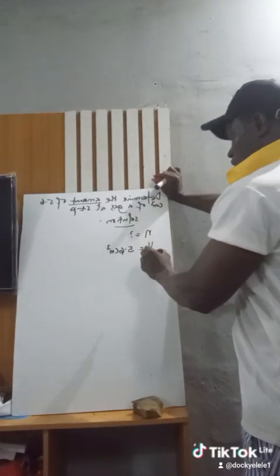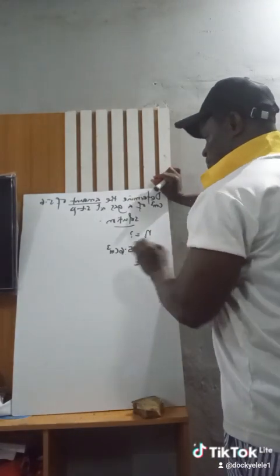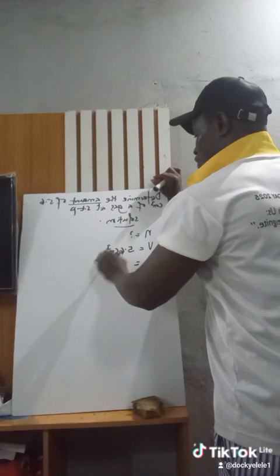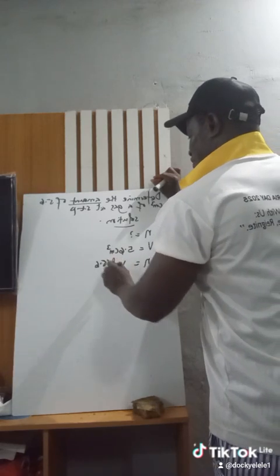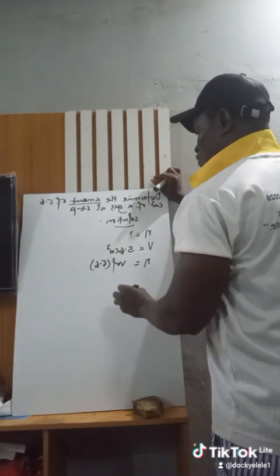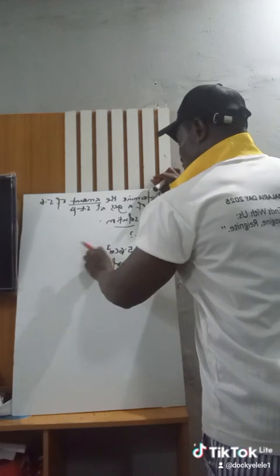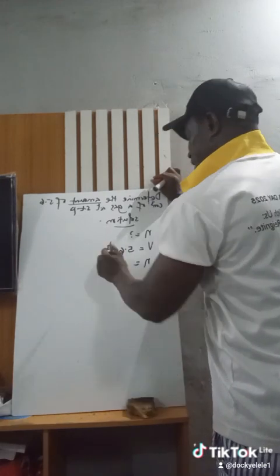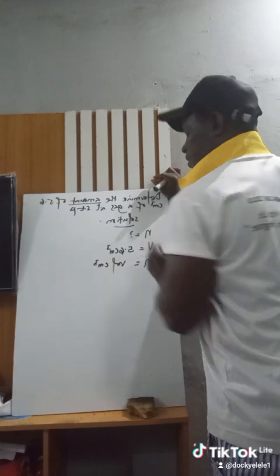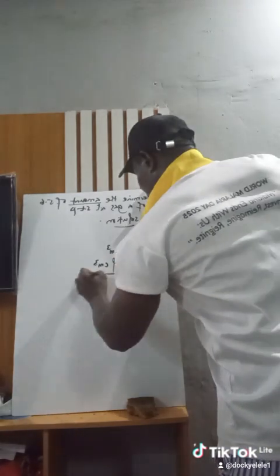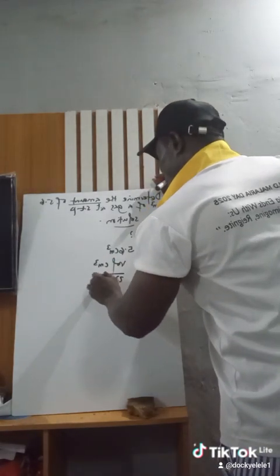So here we go. Number of moles will be volume. Our volume in the question is 5.6 cm cube, so our volume is in cm cube. I'm going to divide it by 22400.